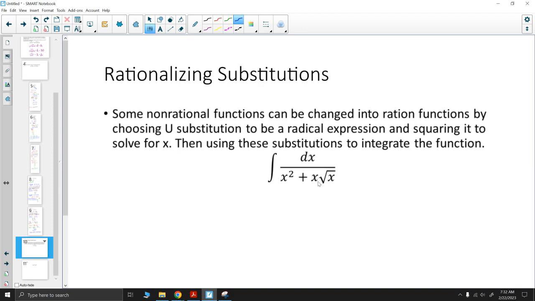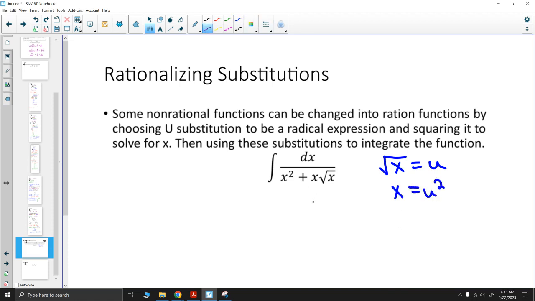The point here is that if we have a square root on the bottom, this isn't rational anymore, but we may be able to rationalize it. If we say the square root of x is u, then by squaring it, x would be u squared.